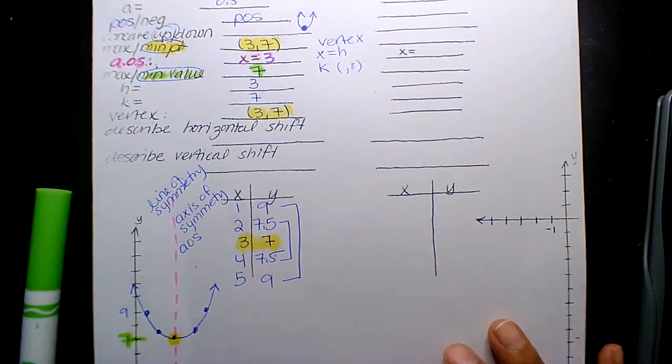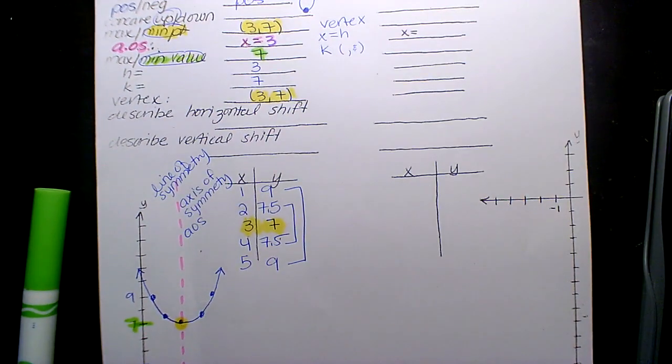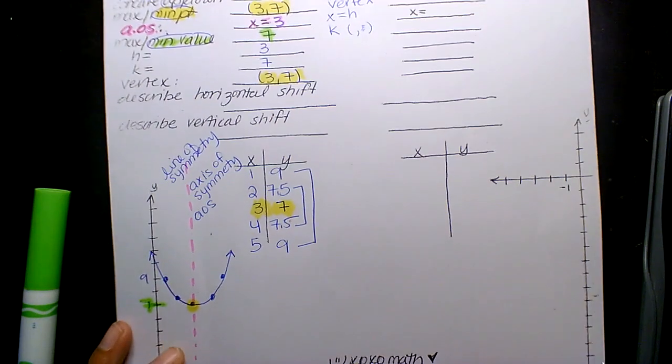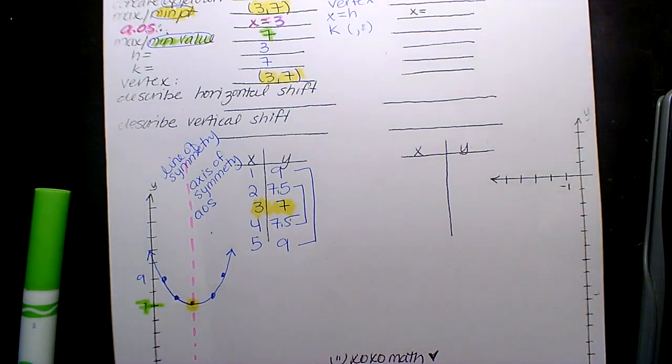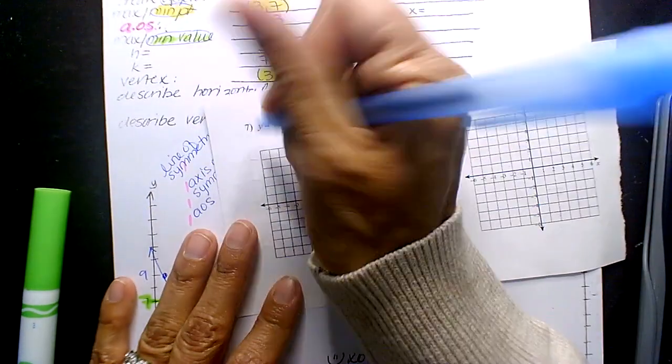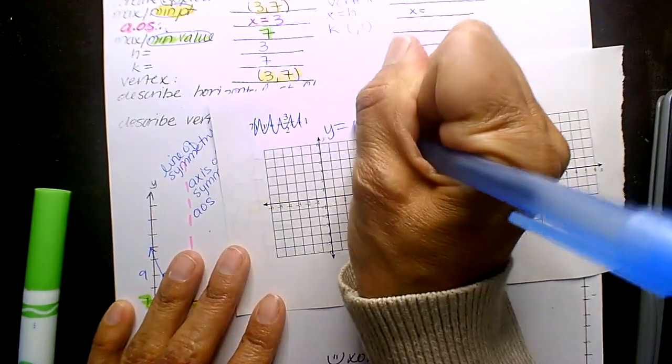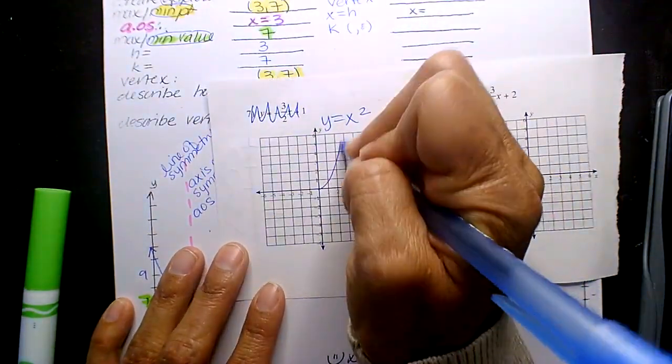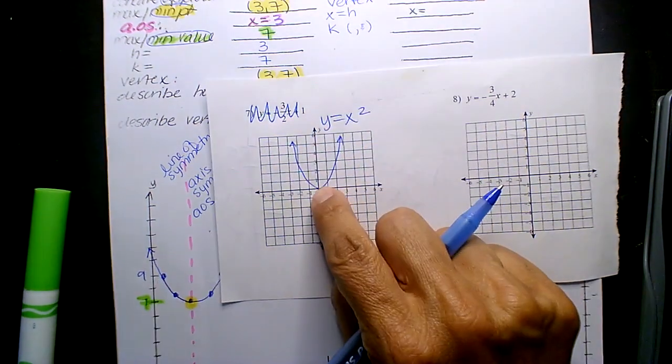Horizontal shift, vertical shift. Okay, on your parent functions, the parent parabolas that you had in your packets. Remember how the parent ones, say y equals x squared or 5x squared, see how the first ones were at 0, 0?